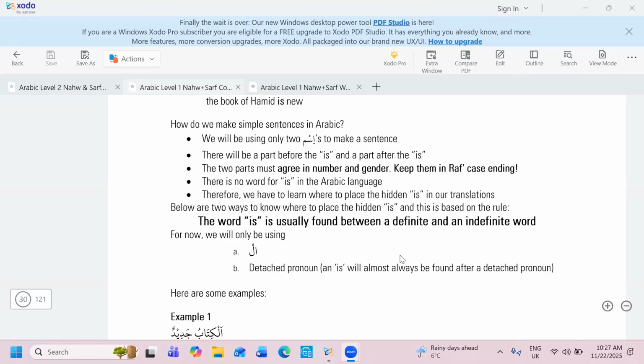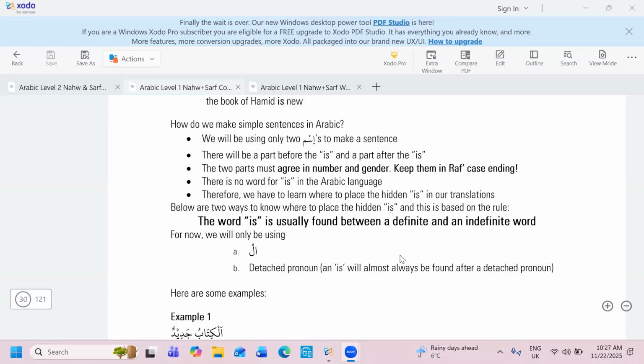What does that mean? If the mubtada is masculine, the khabar has to be masculine. If the mubtada is feminine, the khabar has to be feminine. If the mubtada is dual, the khabar has to be dual. So it has to agree in the number and it has to agree in the gender.